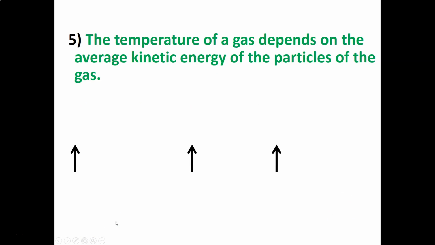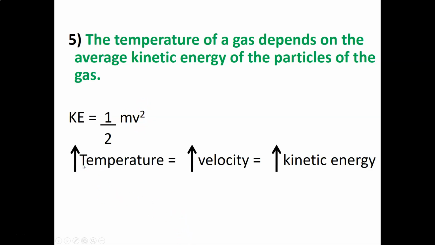The next part, oops, my animations are off, oh well, is that the temperature of the gas depends on the average kinetic energy. So you can see here, KE, kinetic energy, is equal to 1/2 the mass times the velocity squared. So as your temperature goes up, your velocity goes up, therefore your kinetic energy goes up.